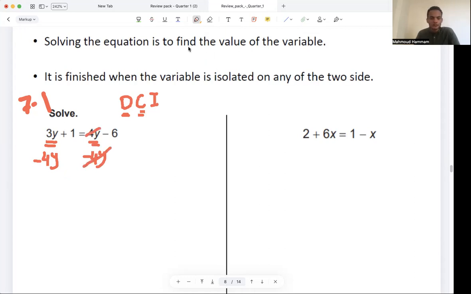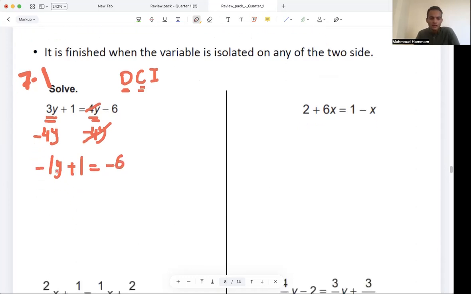Right. Next, what will happen? 3 minus 4, negative 1y. Plus 1, I still have plus 1. Equals, what do you have on the right-hand side? Negative 6. Isolate, I have letters, and I still have numbers. Positive 1, I should move to the right-hand side with negative. So negative 1 right, negative 1 left. What will happen?